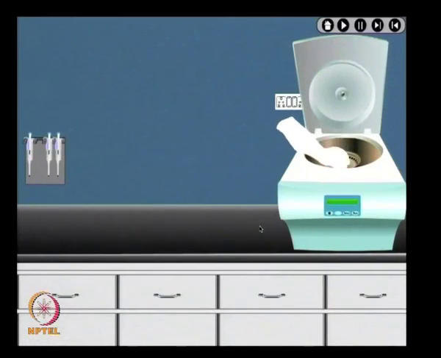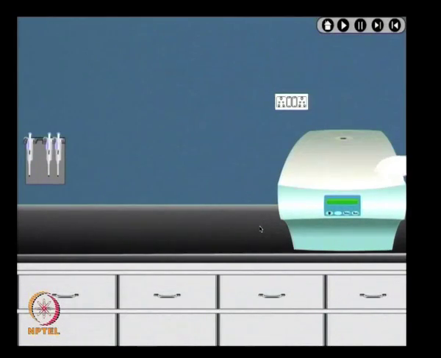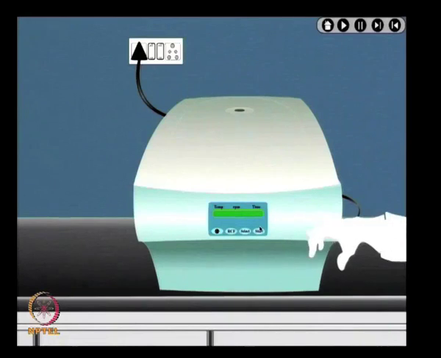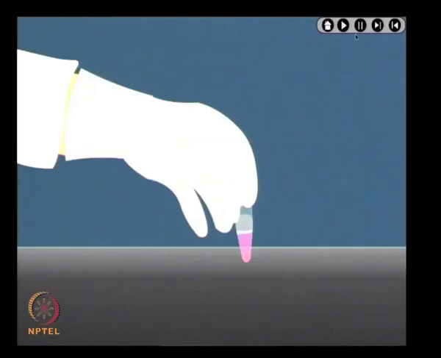After phase separation, centrifuge the sample at 12,000 rpm for 15 minutes at 4 degrees. As I mentioned earlier, there are different protocols one can use for bacterial proteome analysis.